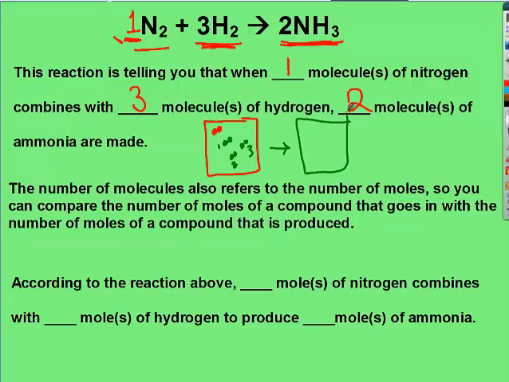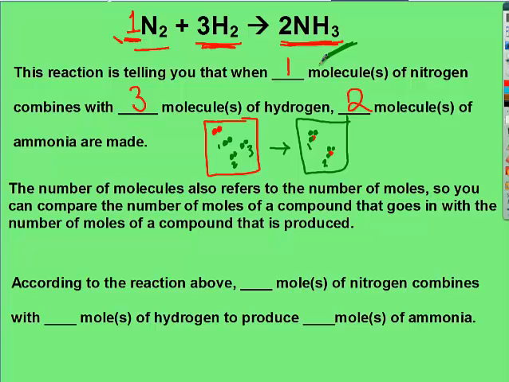Well, I would have a nitrogen, 1, 2, 3, and I would get 2 NH3s. Okay? So this is the formula that they're giving me.